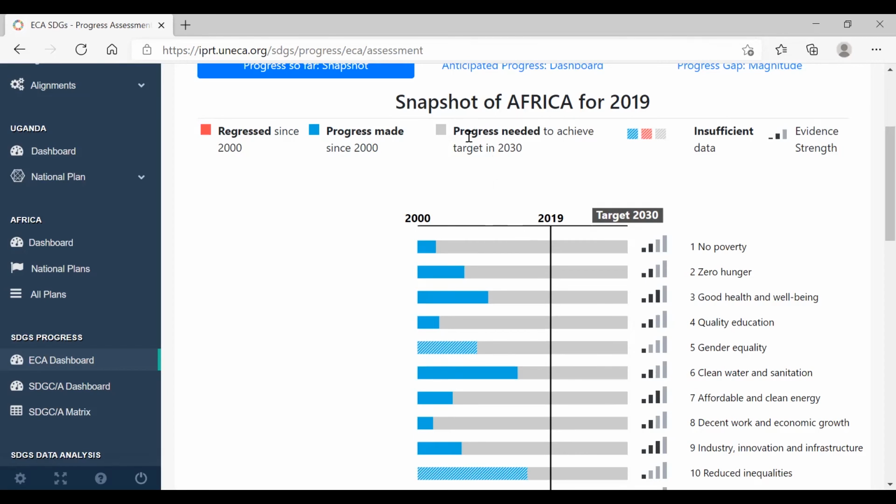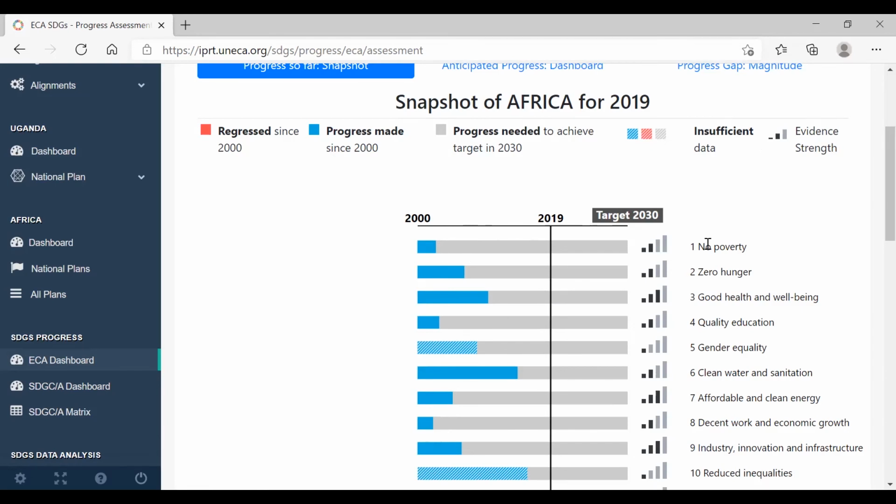The gray one, progress needed to achieve the target in 2030. That's the gap that should be closed. And we have the light green, light red, and light gray: insufficient data. There's lack of data, so no conclusive evidence can be made on this.